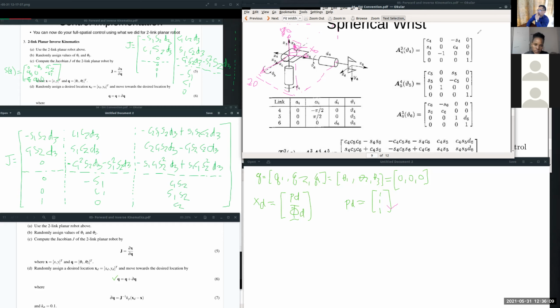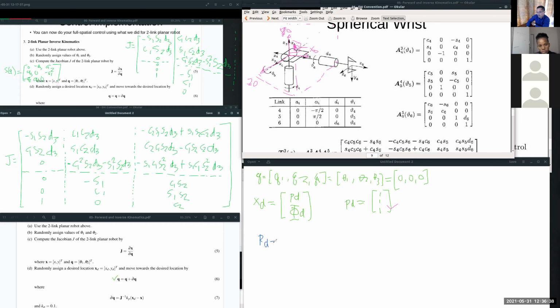Now, what is our desired orientation? We have to be careful, because this is in a vector form. If we say desired orientation, we have to consider in our discussion here the desired rotation matrix.